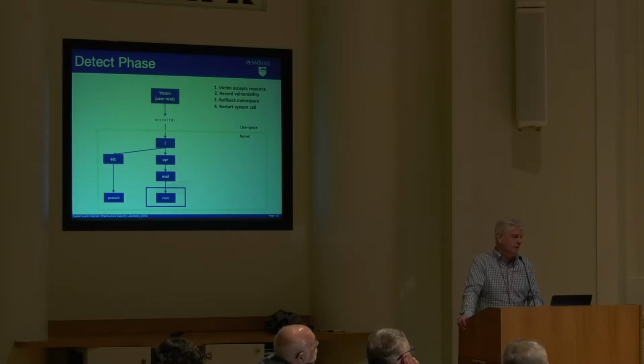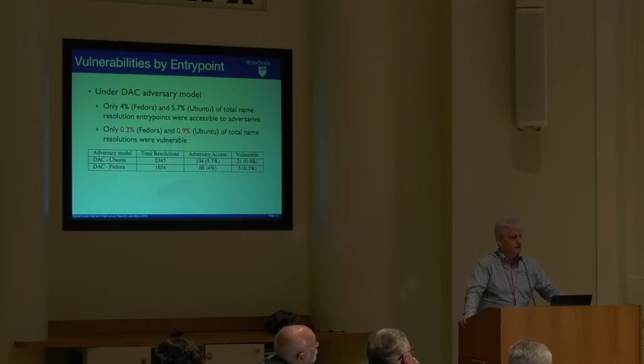And so, we ran this over various applications in Linux, and what we found is that on Fedora and Ubuntu, about 5% of the name resolutions that are done involved a situation where there was an attack possibility, where the adversary could interfere with the name resolution process of these programs.